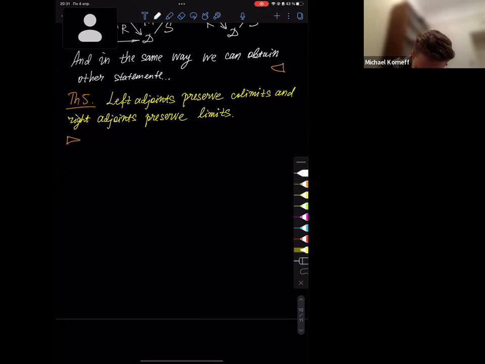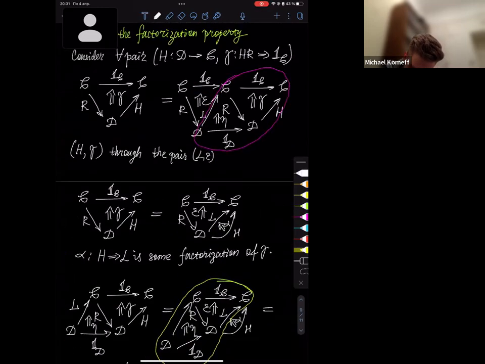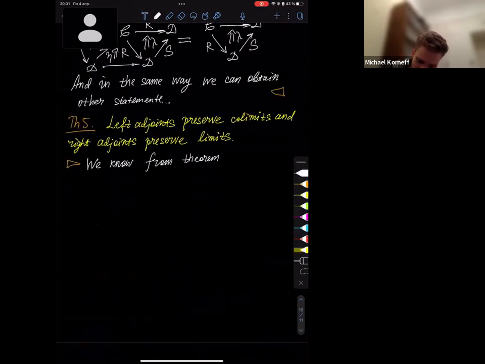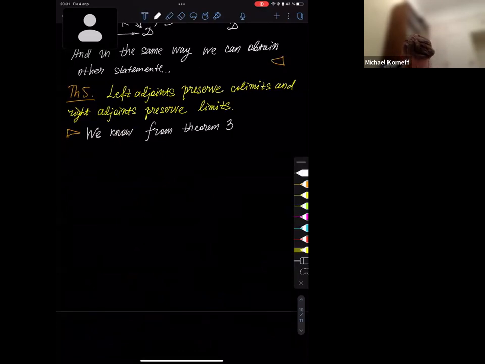We know from theorem 3 that left adjoints preserve left Kan extensions.